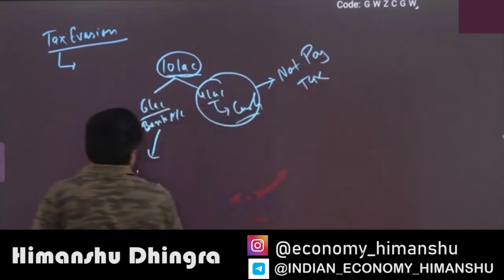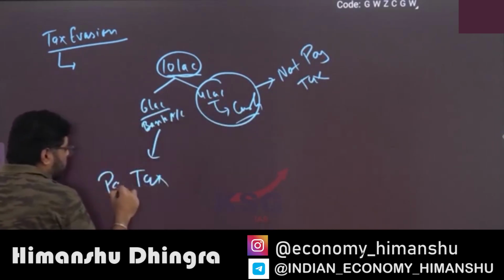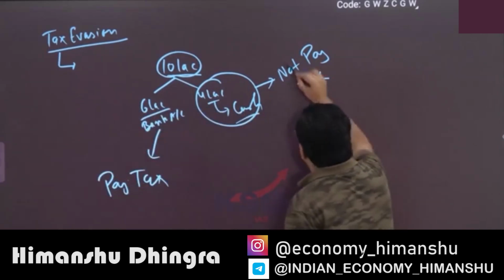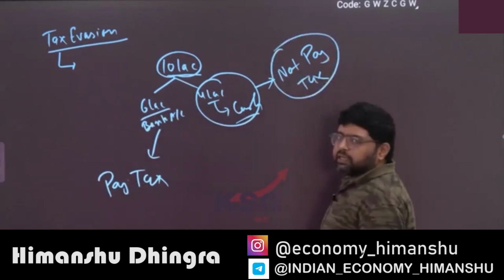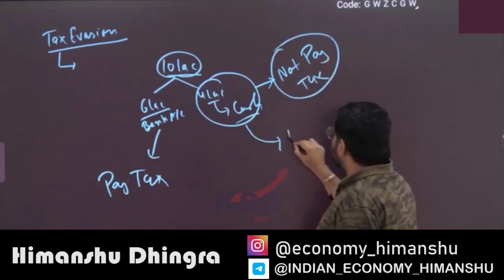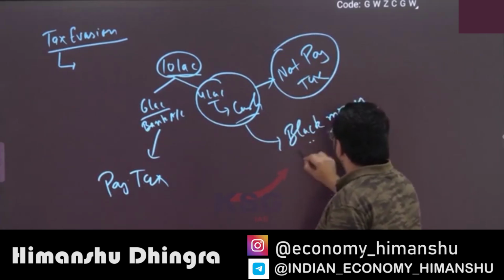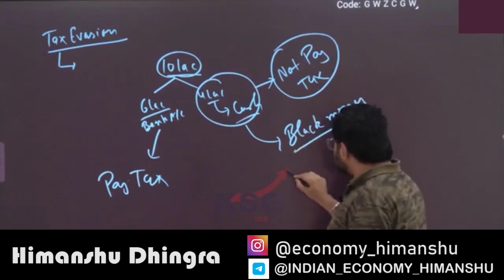You pay tax only on 6 lakh. Now whatever income you have hidden by not paying the tax becomes black money, and this is called tax evasion.